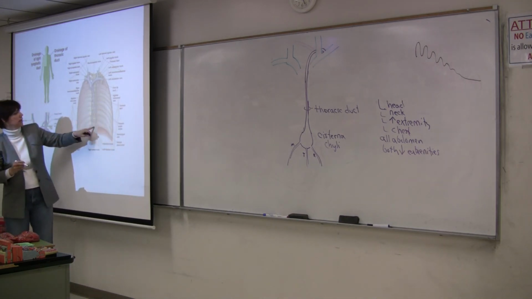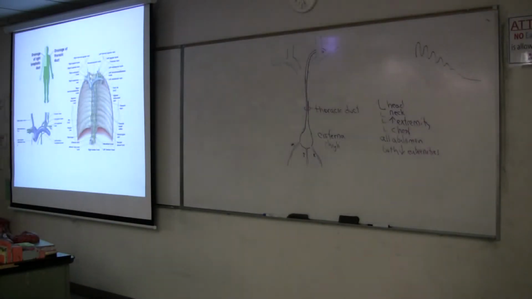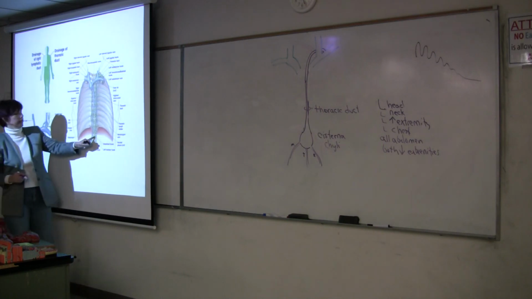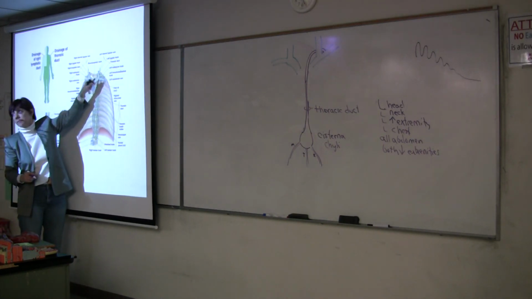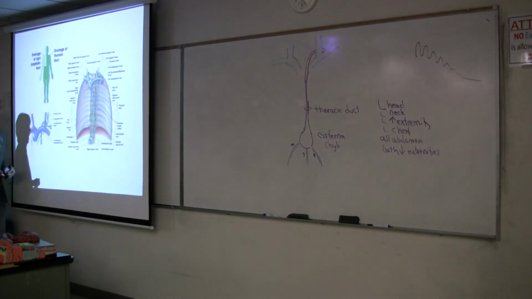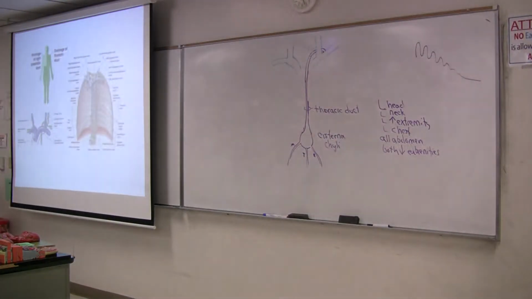You can see here, the blue are the azygos, so we're looking at the green. Here's the cisterna chyli, so running up here and going in right here. On the right side, here's the thoracic duct, we have a very short right lymphatic duct.